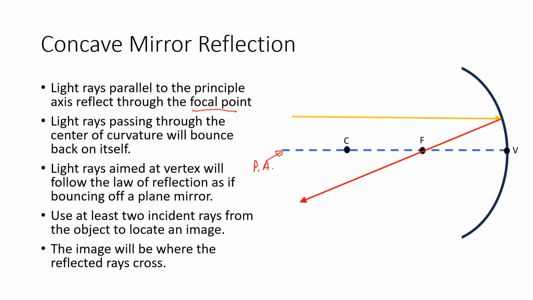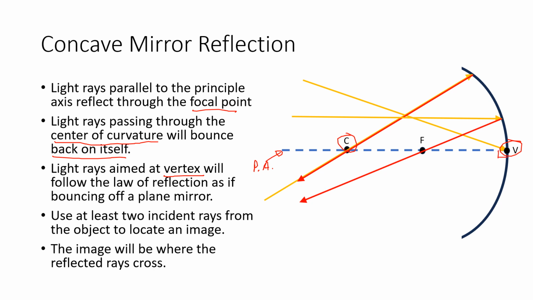Secondly, if you pass a light ray through the center of curvature, which is this guy here, it will just bounce straight off back on itself. Thirdly, if you aim the light ray at the vertex, which is here, it will follow the same laws of reflection as if it's bouncing off a plane mirror, because if you remember, this principal axis is 90 degrees at the vertex.